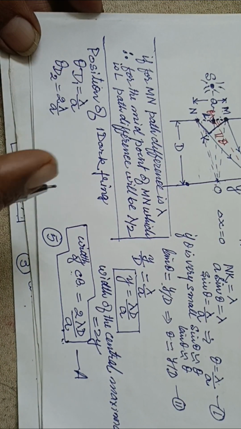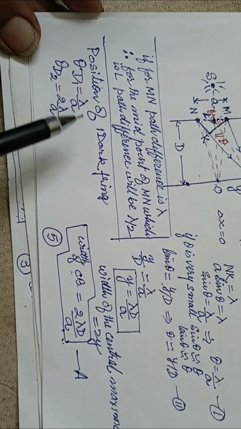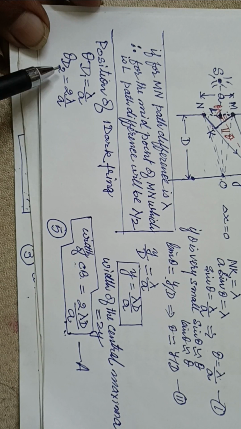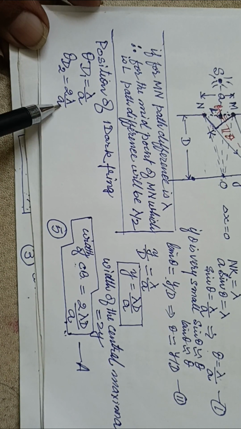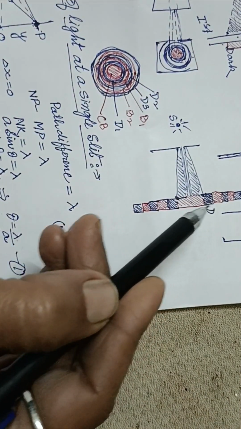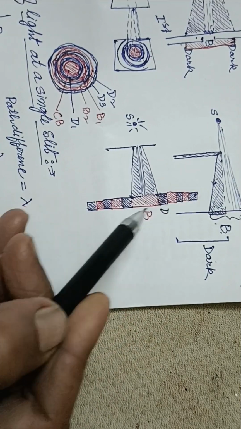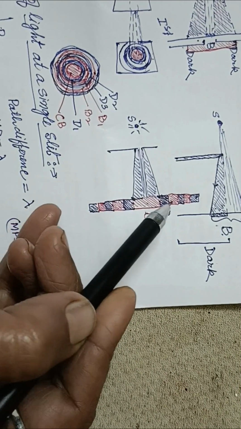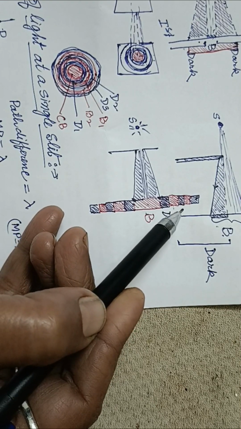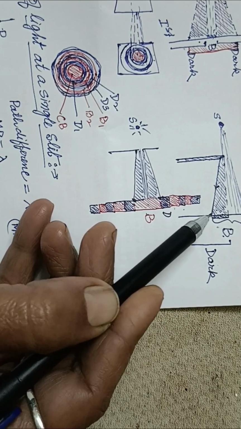The first dark you will get at lambda by a, which we got from here, and similarly the second dark we will get at 2 lambda by a. You can understand it this way. As I have shown here, alternately we will get central bright, then the first dark, then the bright, then the second dark, then the bright, then the third dark.